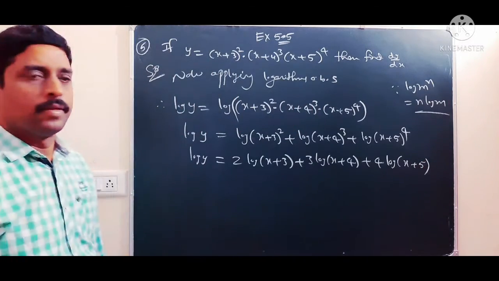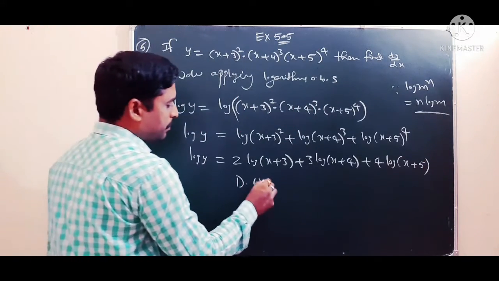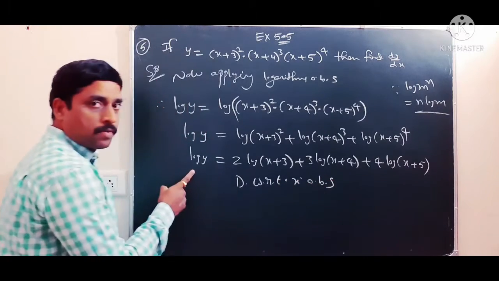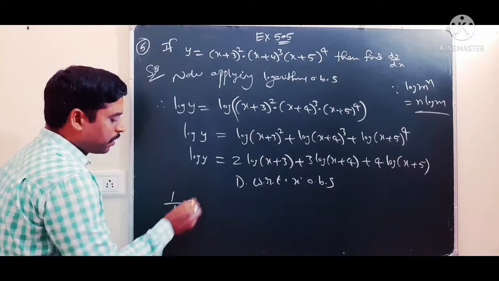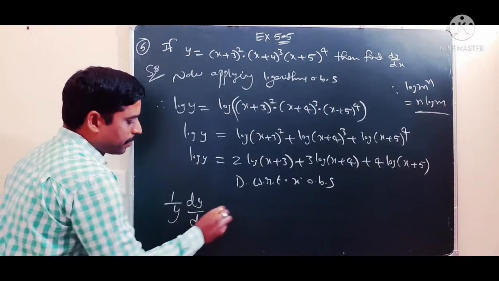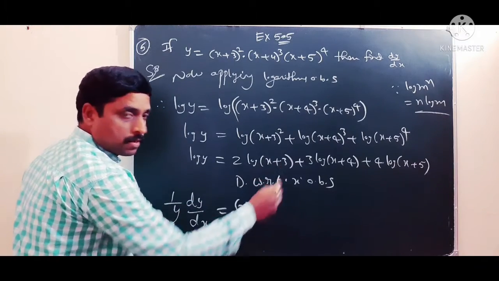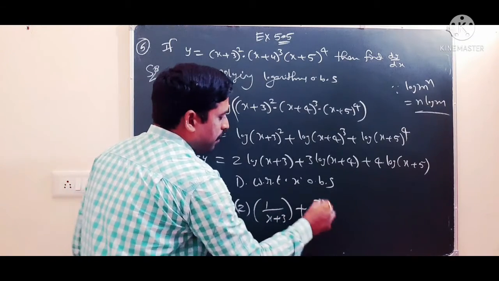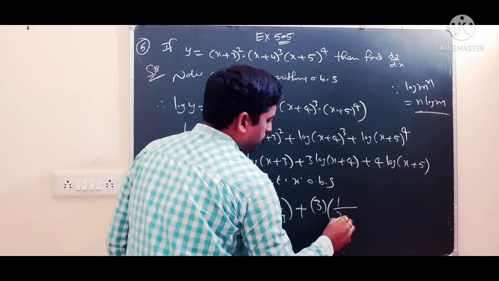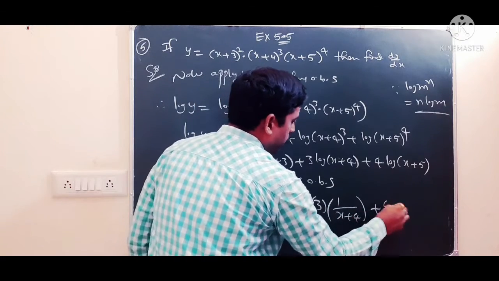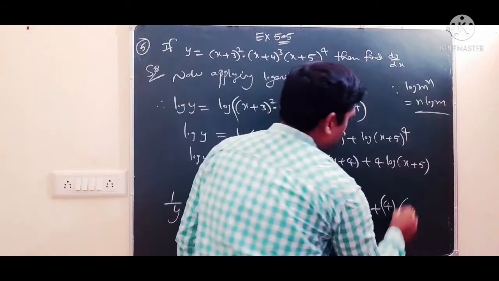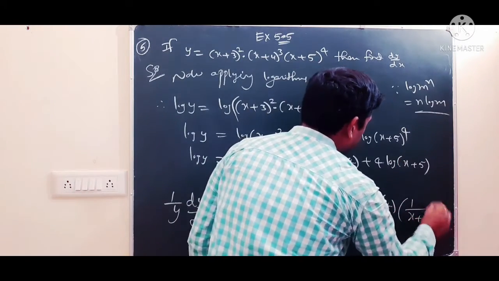Now differentiate with respect to x on both sides. The differentiation of log y gives 1 by y dy by dx. 2 is a constant; the differentiation of log (x plus 3) is 1 by (x plus 3), 3 times the differentiation of log (x plus 4) is 1 by (x plus 4), and 4 times the differentiation of log (x plus 5) is 1 by (x plus 5).